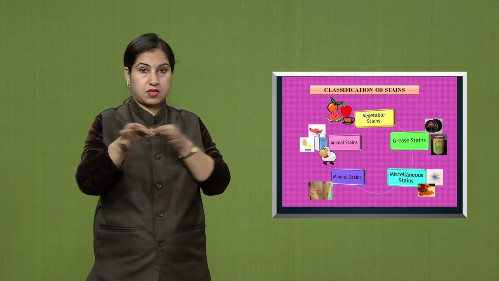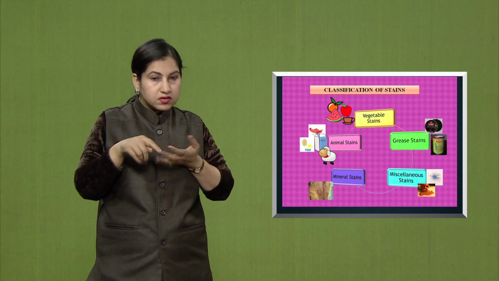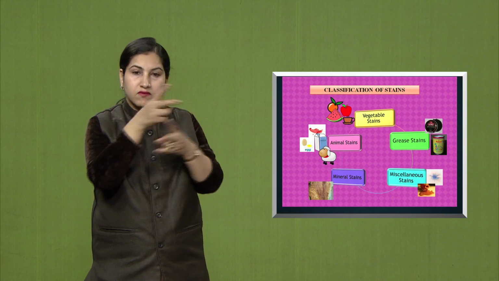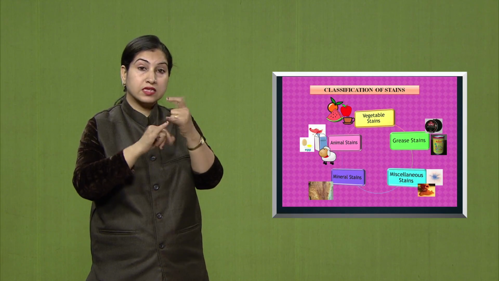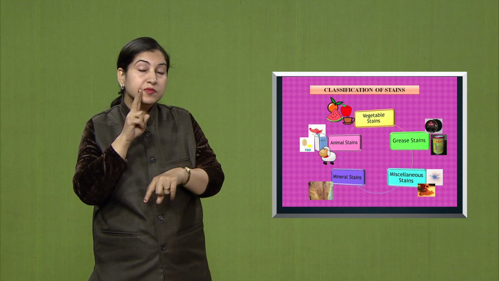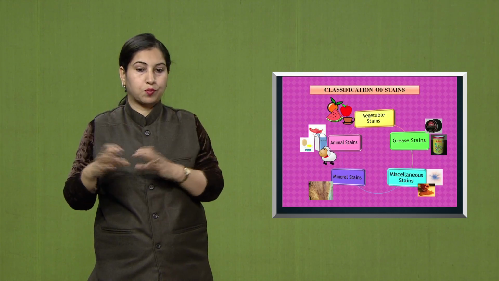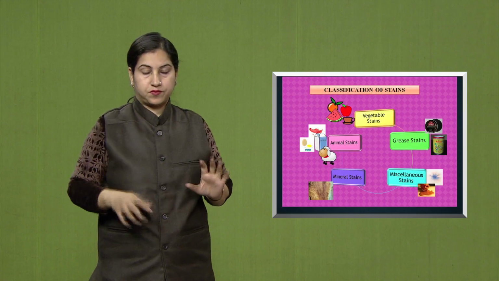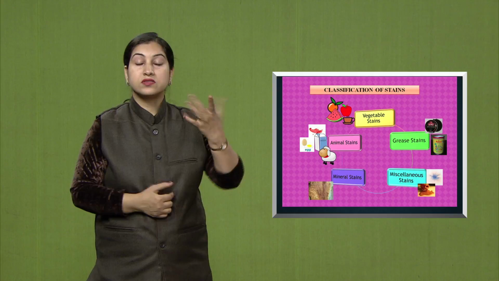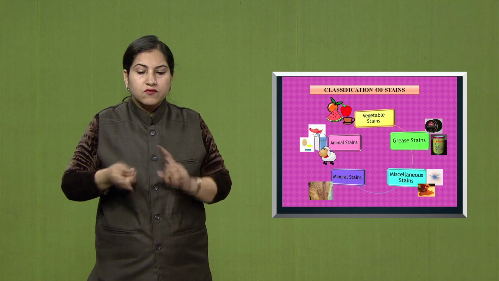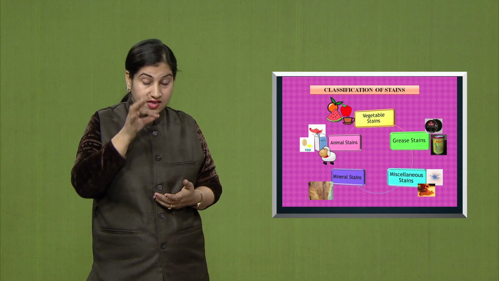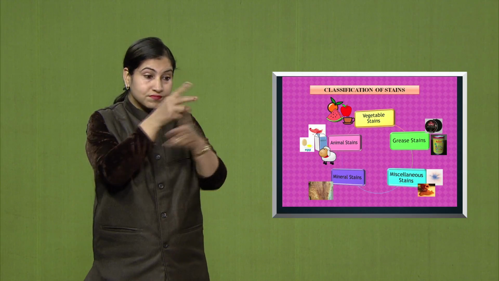Example, tea, coffee and many oils, vanaspati and ghee come from vegetable sources. Depending on the origin, let us categorize the stains in different ways. First, vegetable stains. You get them on your clothes from tea, coffee, fruit, etc.